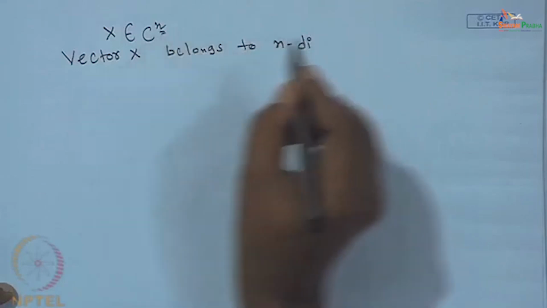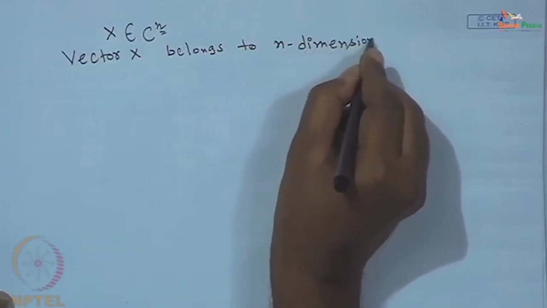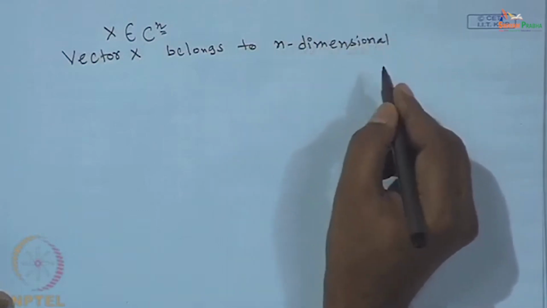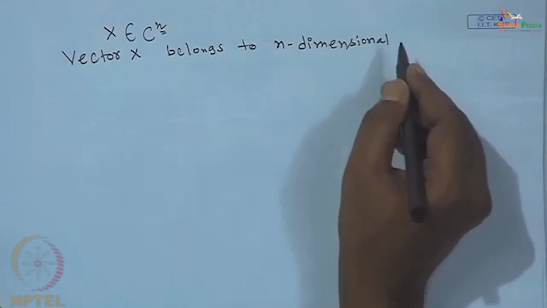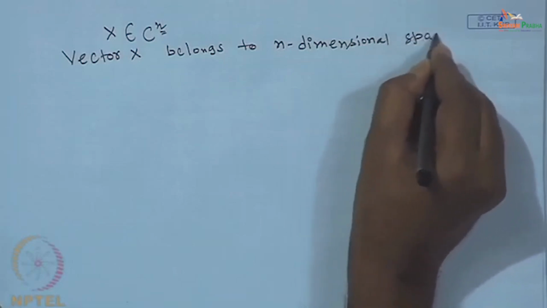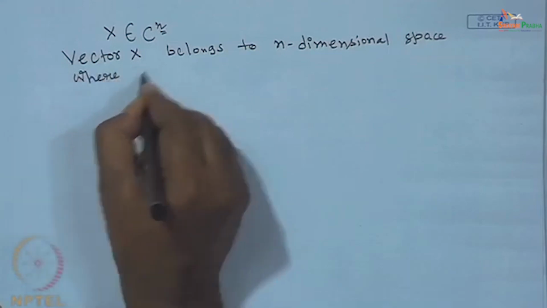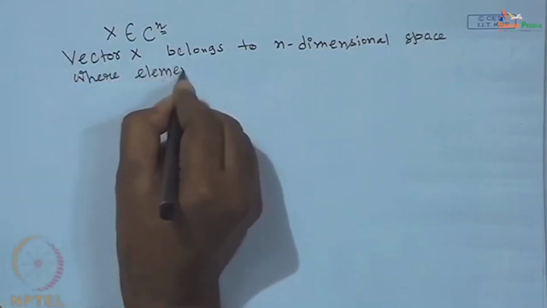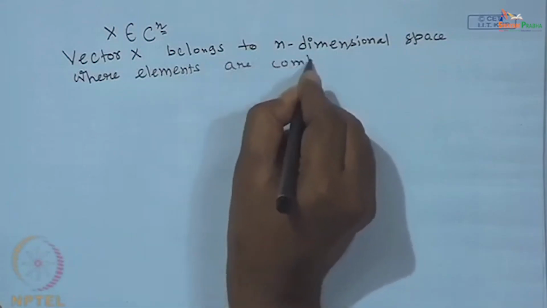This n stands for the dimension of the space. Dimension means you will be having contributions in n number of dimensions which are mutually orthogonal to each other. Vector x belongs to an n dimensional space where the elements are complex.